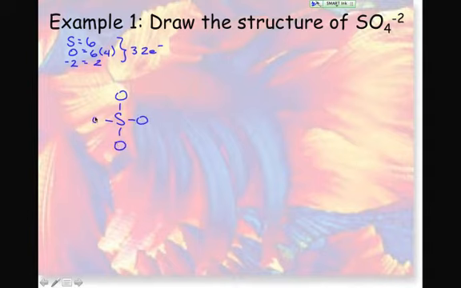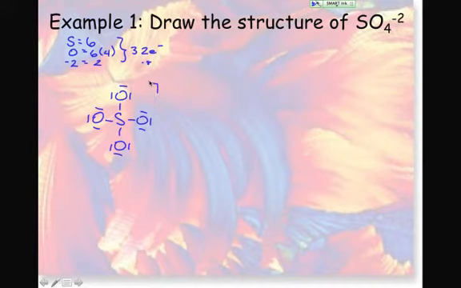Alright, so how many electrons have we used up here? 2, 4, 6, 8. That means I've got 24 more to go, right? I've used 8. So let's just start putting them around. 2, 4, 6, 8, 10, 12, 14, 16, 18, 20, 22, 24.